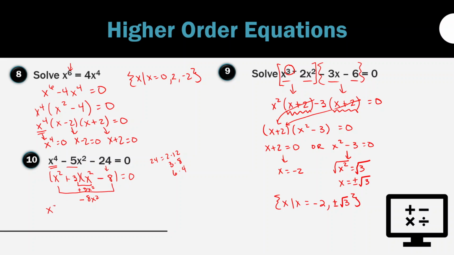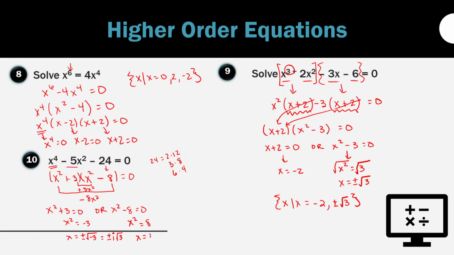So that tells me x squared plus 3 is 0, or x squared minus 8 is 0. So I get x squared equals negative 3, which means x is plus or minus the square root of negative 3. So I end up with i times the square root of 3. Or the second one here tells me x squared equals 8.